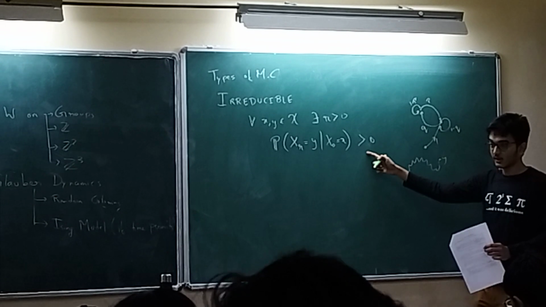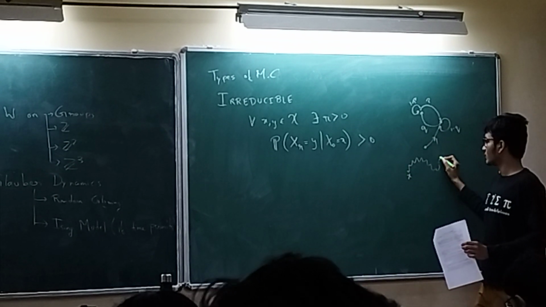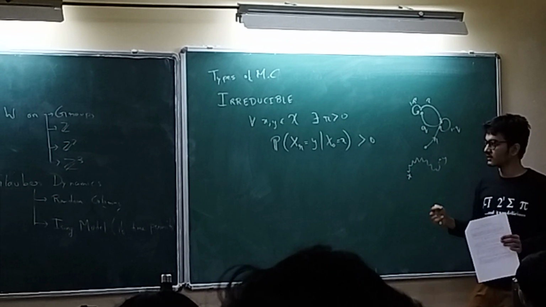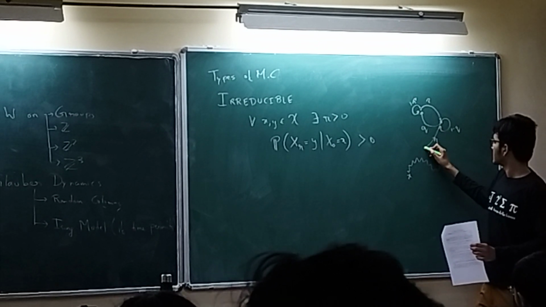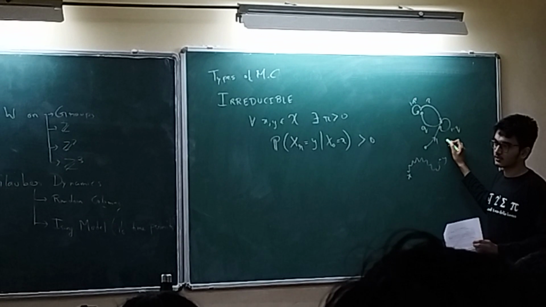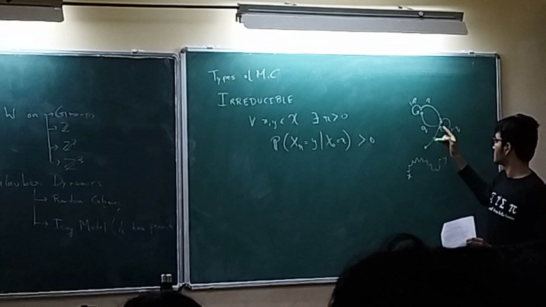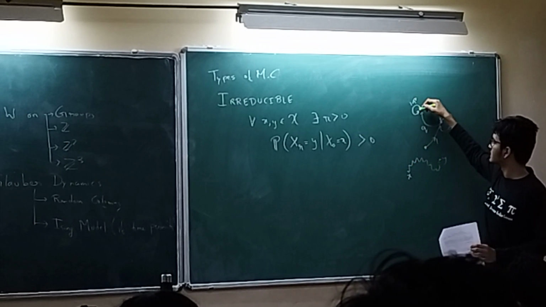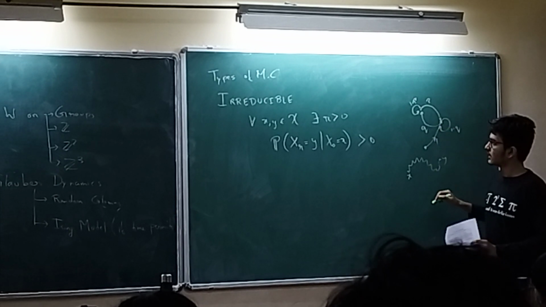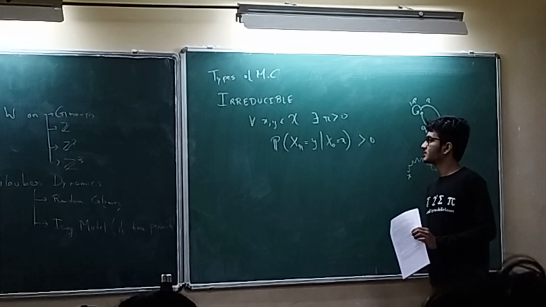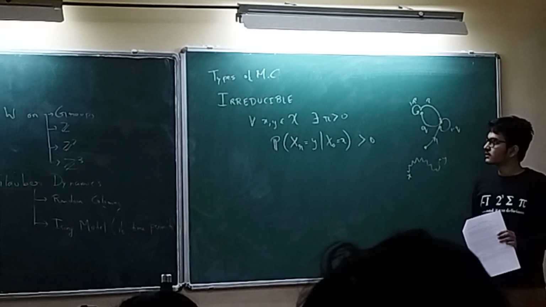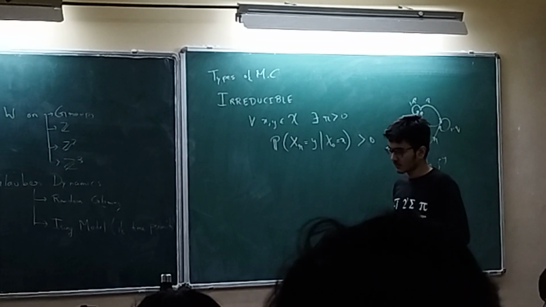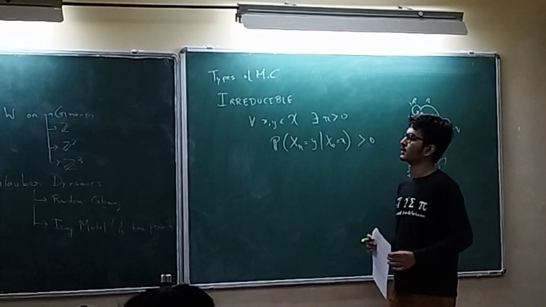I am not saying that it will reach definitely, but it will have some positive probability. At least there is a chance of reaching. So here you can see that this Markov chain is not irreducible, but that one was, because from here you can of course reach here after some steps, and there exists some positive r such that you can reach. So you will see that irreducible Markov chains have some nice properties.